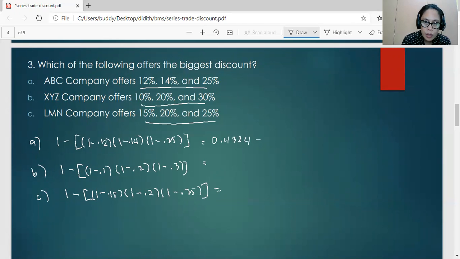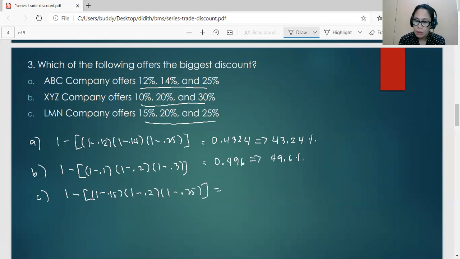So this is equivalent to 43.24%. Here, this is 0.496, or this is 49.6%.